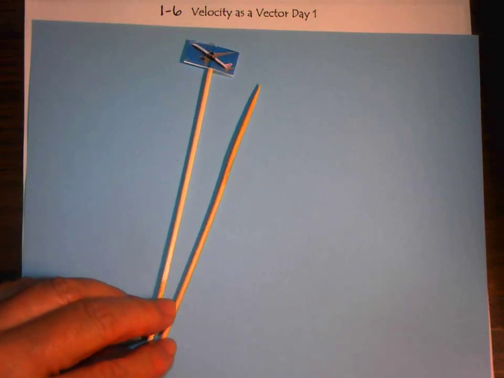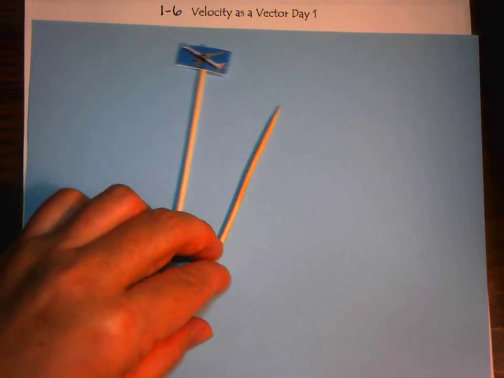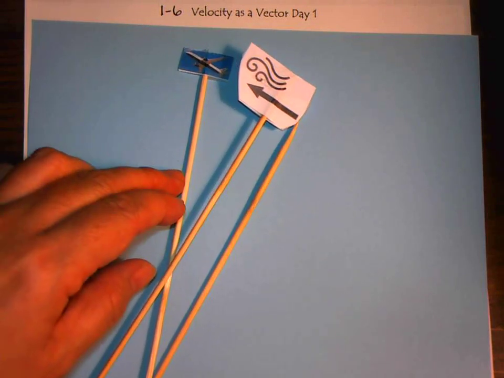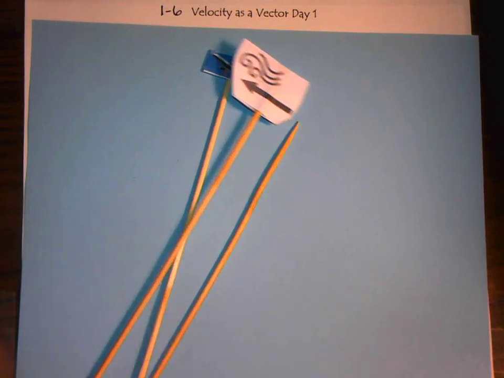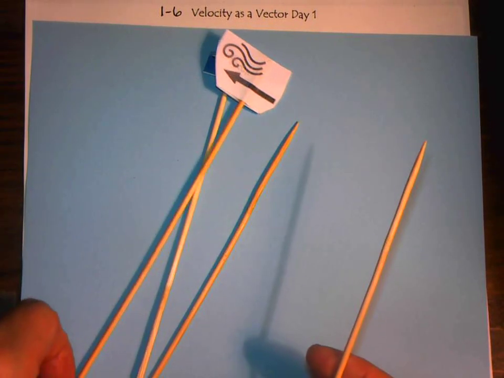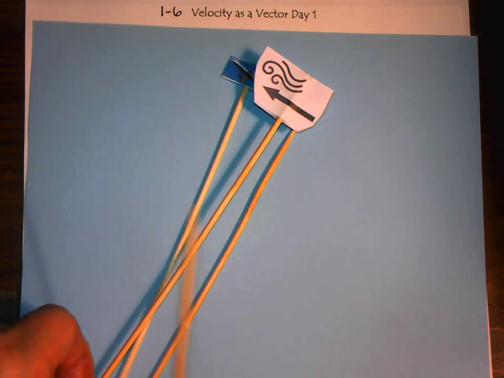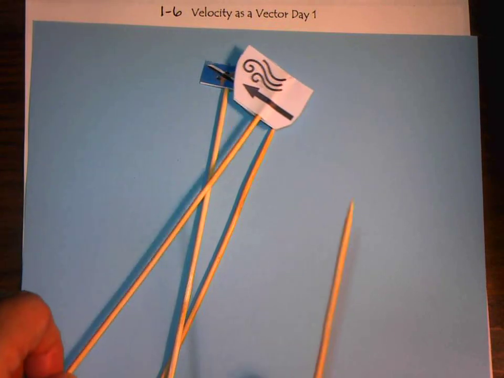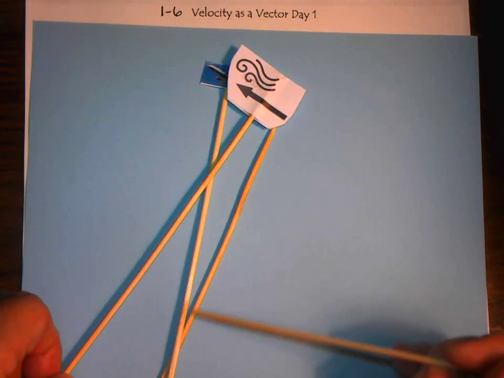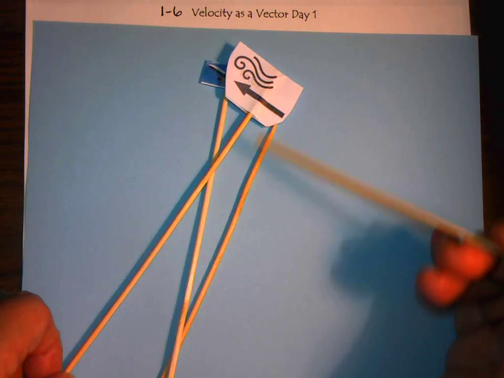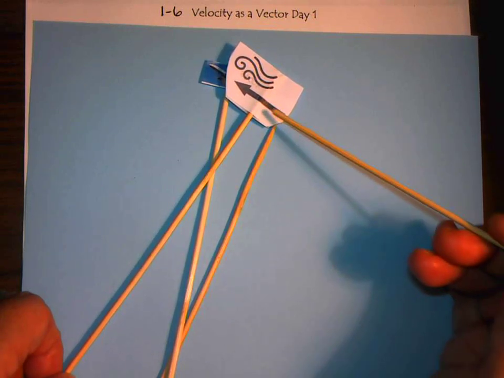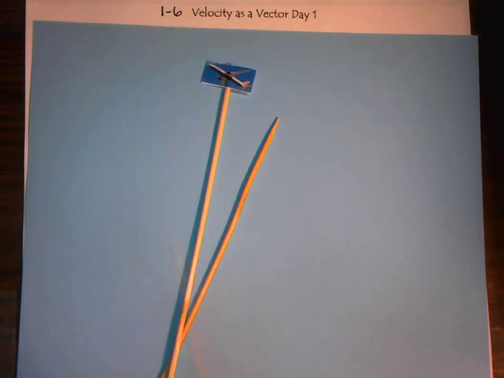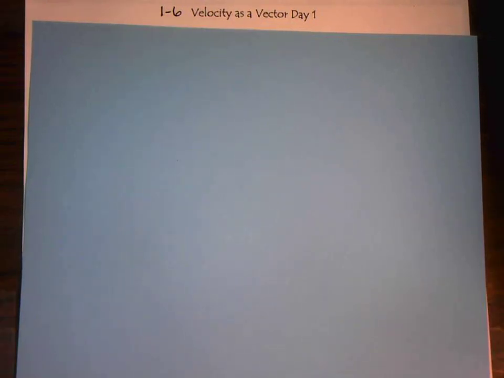And here's the triangle that results from that one. Okay, here's the triangle that results right here. So you have the heading of the plane, you have the wind acting upon it, and this is the resultant. All right, let's take a look at this.